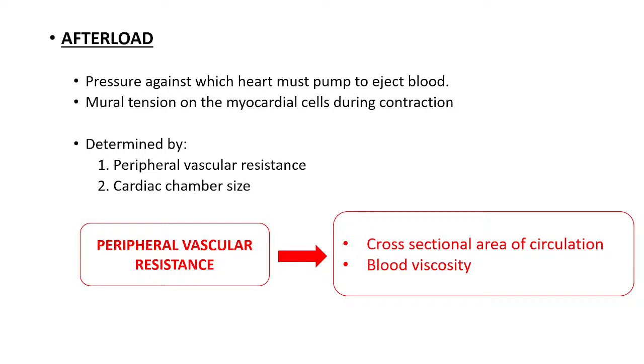Yes, the arterioles are called the resistance vessels because they can change their caliber, or contract, and increase or decrease the peripheral vascular resistance according to the demands of the body. Okay, then as the viscosity increases, the peripheral vascular resistance again increases.